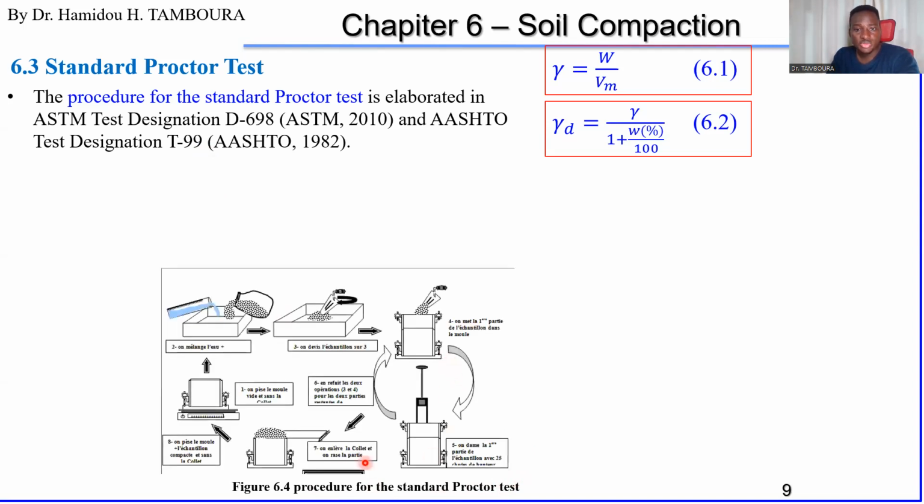I try to explain this from this drawing, and I hope it will be easy for you to understand. The first step is about this. You see, this is your soil, and this is the water. You mix the water and soil in this small container.